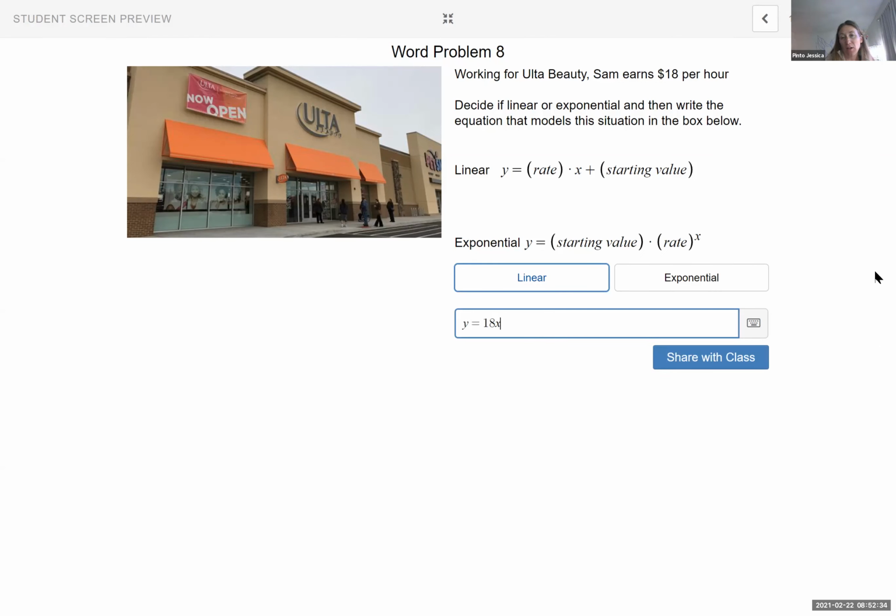And then the starting value is not mentioned, and so in that case, I do assume that it was $0. So I could say plus 0, or I could just say 18x. And this is important because when you have a job, you are usually going to be paid an hourly salary, and you can create an easy linear equation just like that.